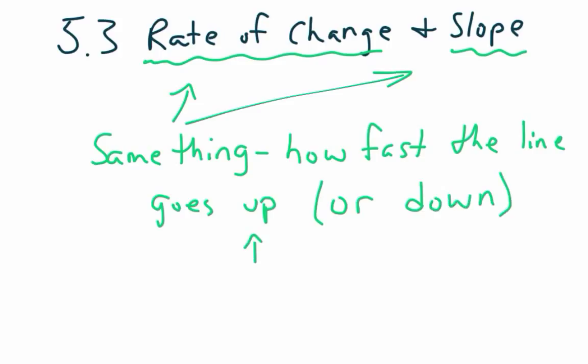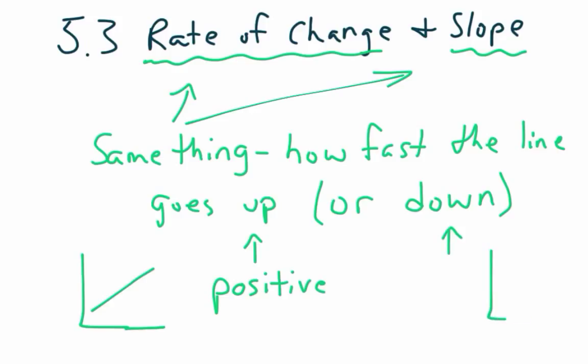And if we have a line that's going up, so we typically look at a graph as we're going across to the right, it's going to have a positive slope. And if a graph as it goes to the right is going downward, that's going to have a negative slope.